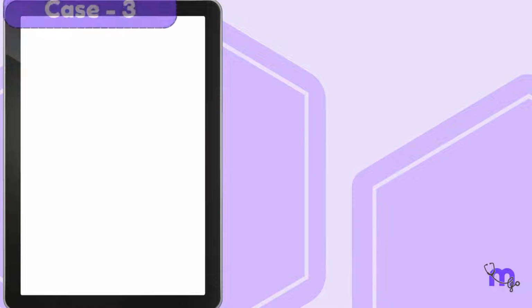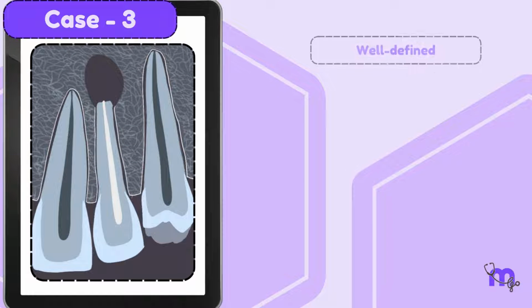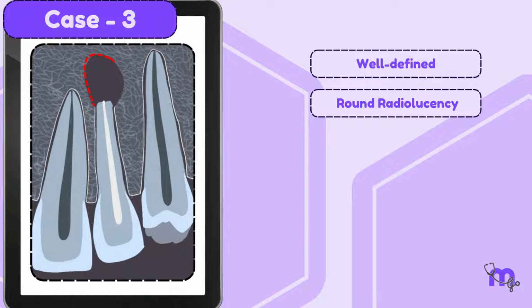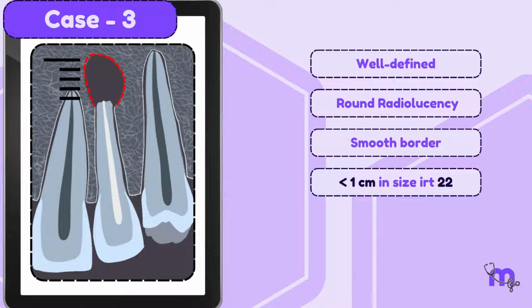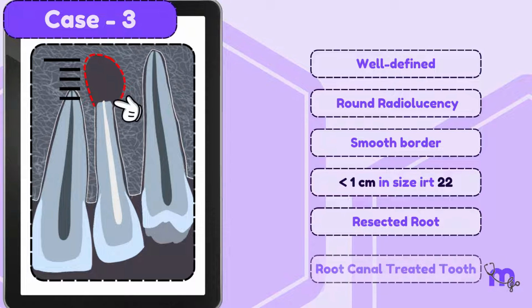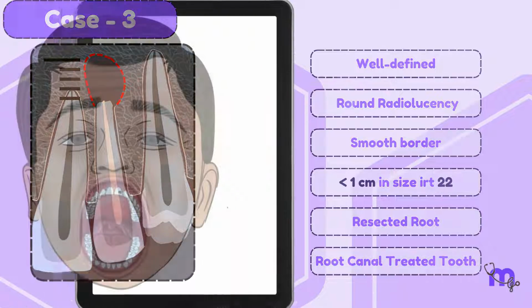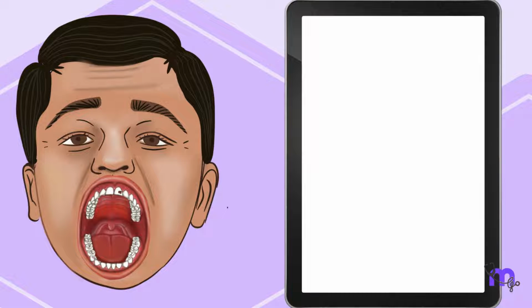Moving on to the third radiograph. Here is a well-defined round radiolucency with a smooth border less than 1 centimeter in size and in the periapical region of 2-2. The root appears resected and the tooth is root canal treated. Interestingly, I found this pathology by sheer coincidence.